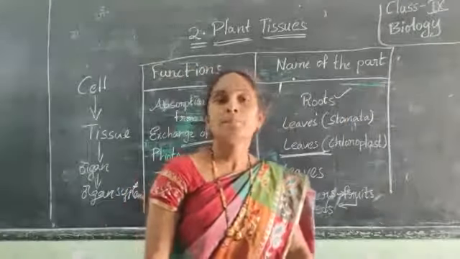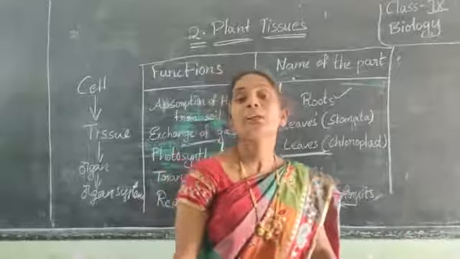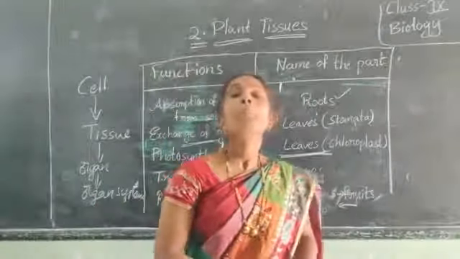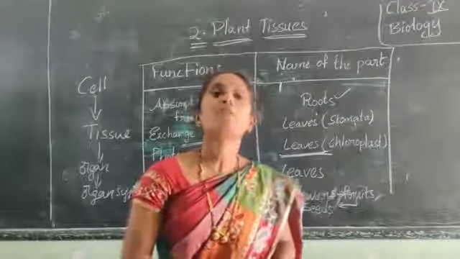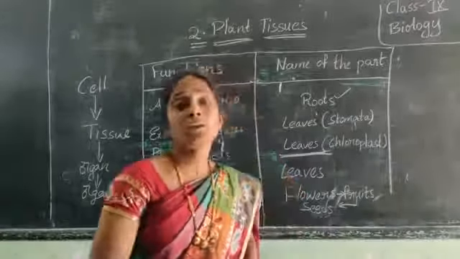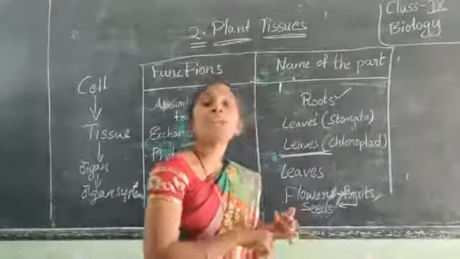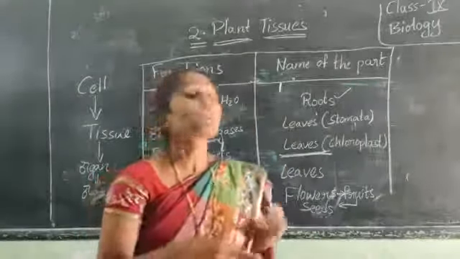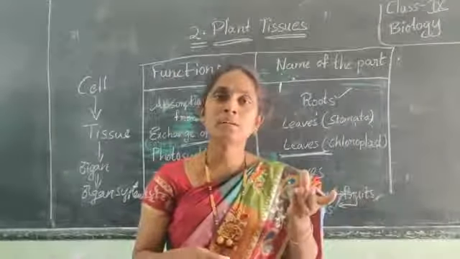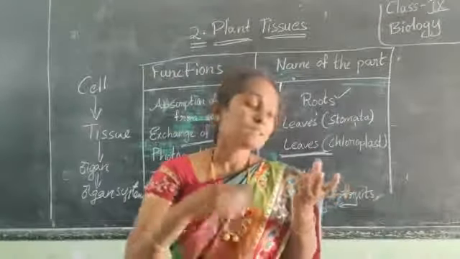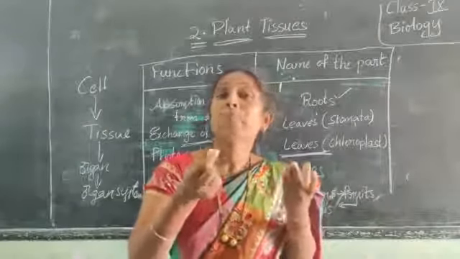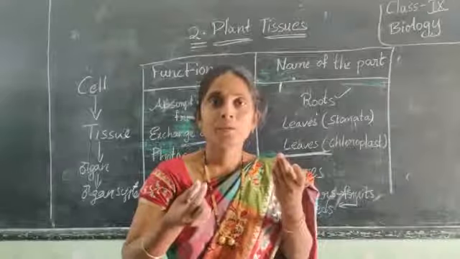After pollination, the fertilization process will take place. Fertilization is the fusion of male and female gametes to form a zygote. After completion of pollination and fertilization, the flower will turn into a fruit. The zygote can divide into different numbers of seeds.